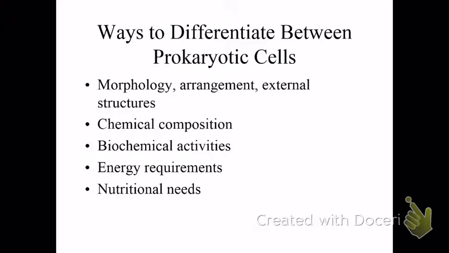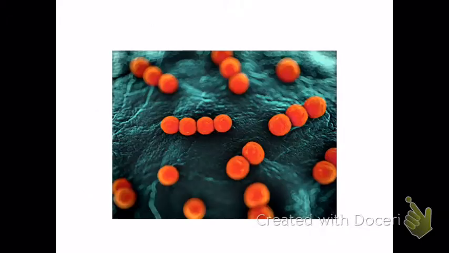Do they have a special chemical like the glycolic acid that's found in the organism that causes tuberculosis? Biochemical activities, energy requirements, and nutritional needs kind of fall under the same thing. What do they eat? What do they need to survive? Things like that. So that's just ways we'll discuss prokaryotes.